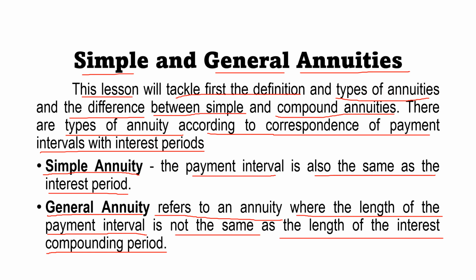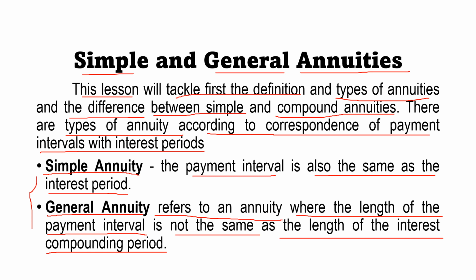These two types of annuities are under your annuity certain. There are two types of annuity, your annuity certain and your annuity uncertain. The kinds of annuity certain are your simple annuity and your general annuity.